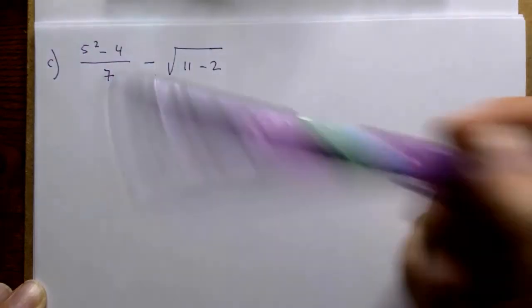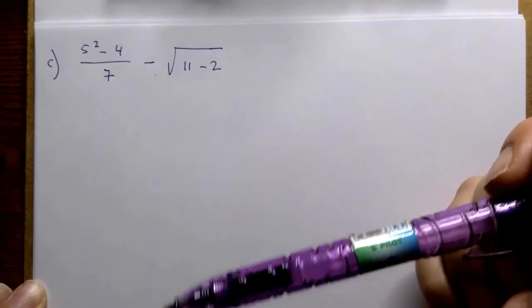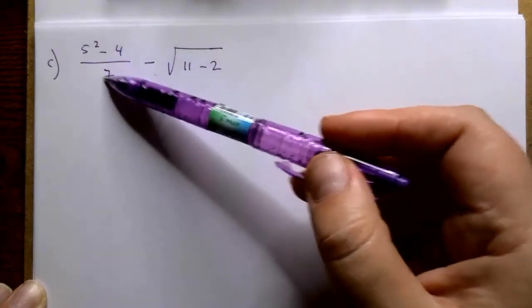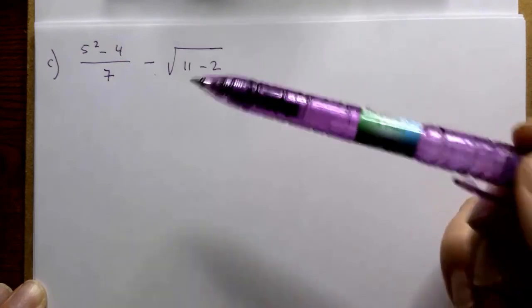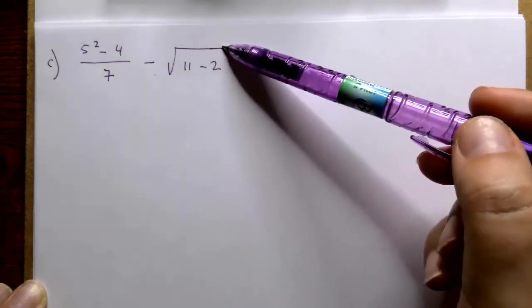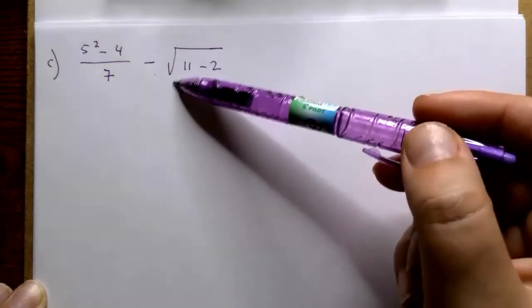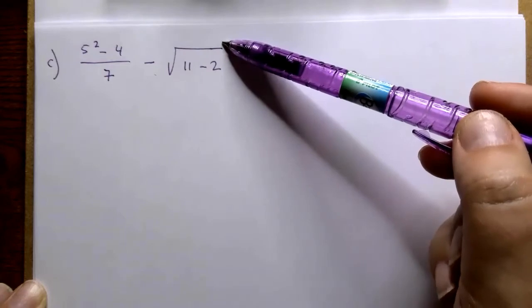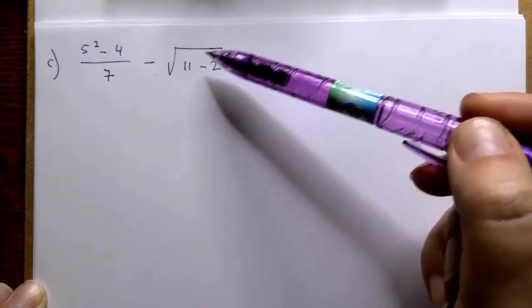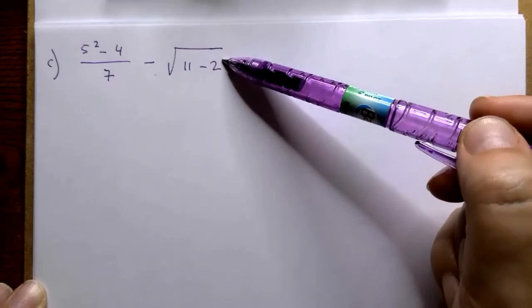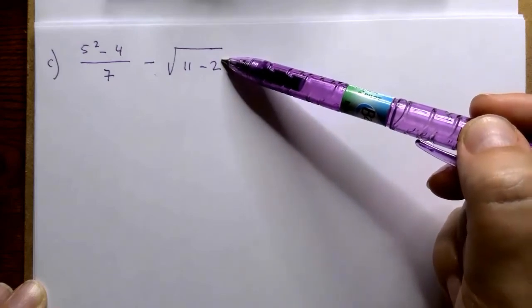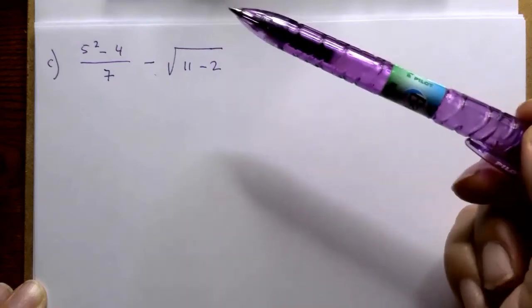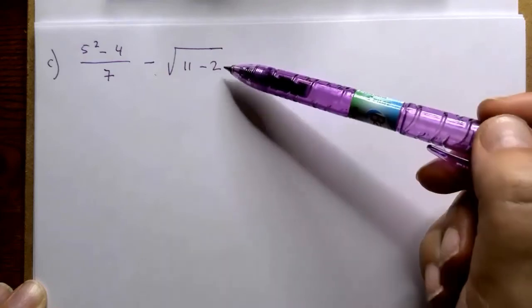Well, the denominator is just a single number, so we don't have to be concerned about it. Another grouping symbol is our radical symbol. So the square root, whatever's inside of it is also a group. All right, so let's start there.